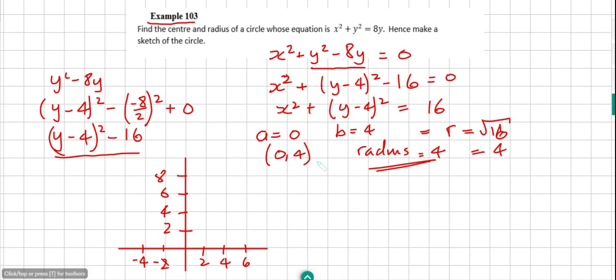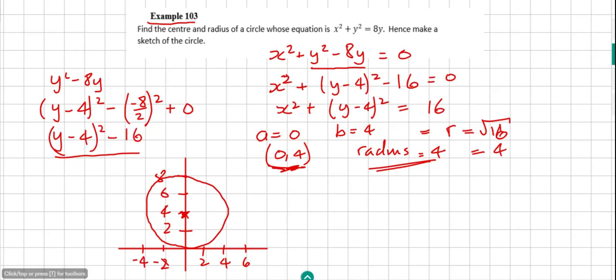So we can see the center of the circle is (0, 4), so it's just there. And it's got a radius of 4. So actually, it's going to be a circle which is just going to touch the horizontal axis like this.